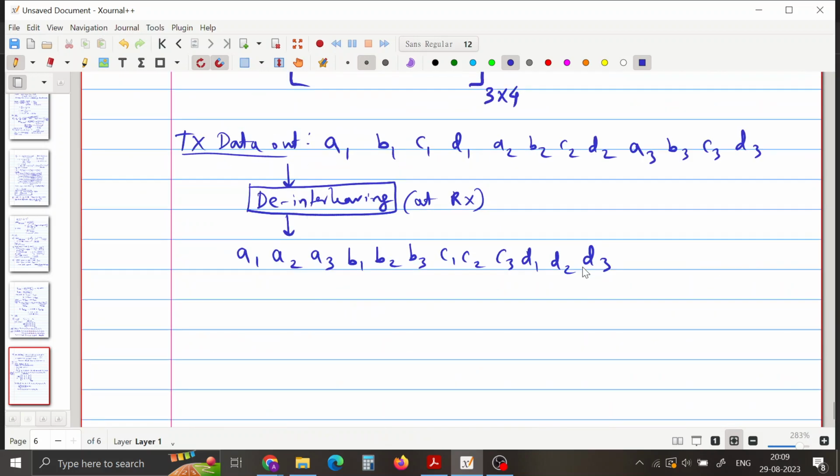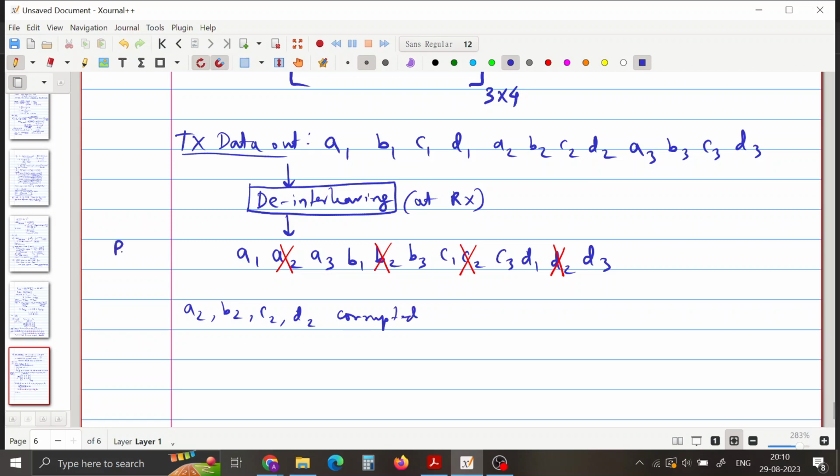Now what I can tolerate is, out of 3 bits, if one is in error, then I can correct it. Let me say that A2, B2, C2, D2 are getting corrupted.